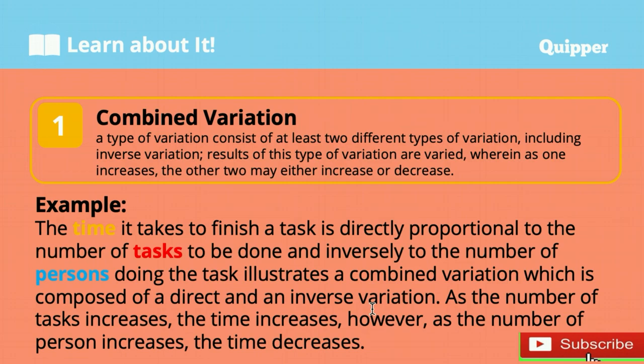But if there are many persons doing the task, the time will decrease. As the number of tasks increases, the time also increases. That is direct proportion. However, as the number of persons increases, the time decreases. This time, it is inverse variation.